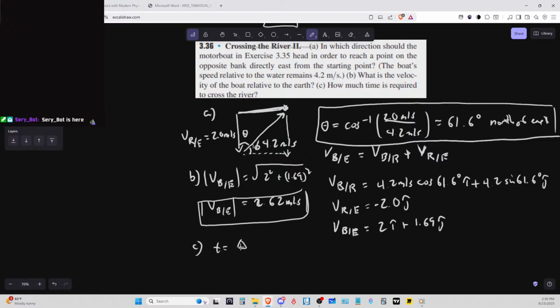It's still 800, so this one is like 800. No, meters per second, 800 meters. And I'm thinking we have to do the boat.